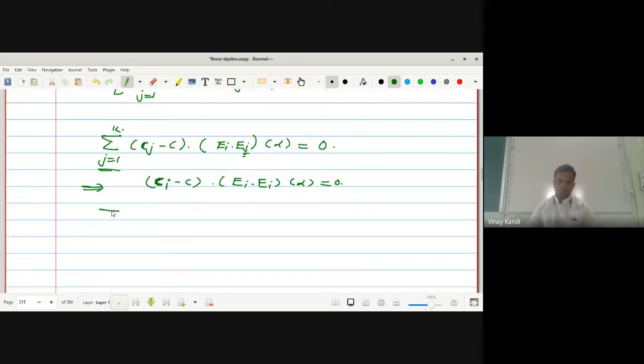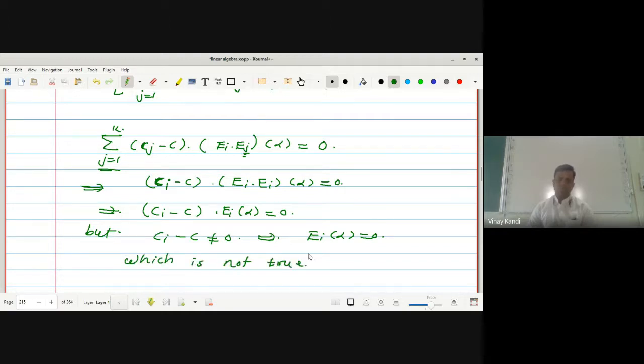This implies ci minus c times Ei square, which equals Ei of alpha, is equal to 0. Okay, but here what we get? ci minus c is not equal to 0. That implies Ei of alpha is equal to 0, which is not true.